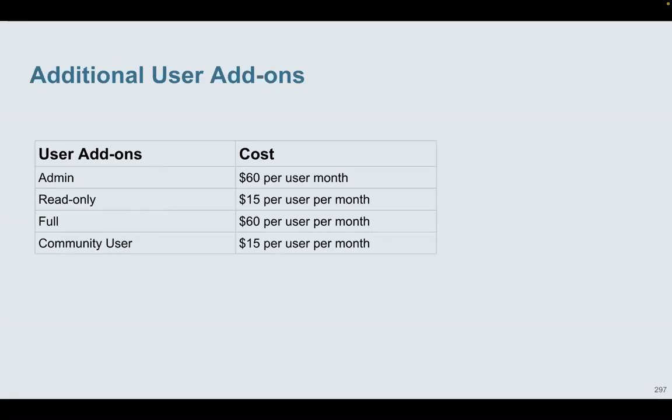When it comes to additional user add-ons, we have the admin, read-only, full access user, and community user. Admin user gets access to everything end-to-end in MassMailer, including the MassMailer setup. And read-only would get access only for reporting.